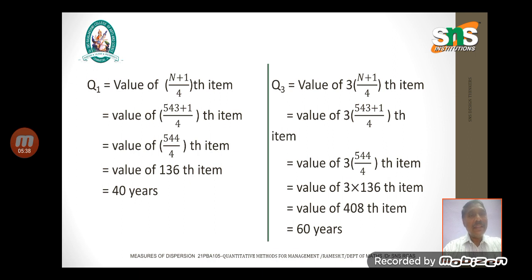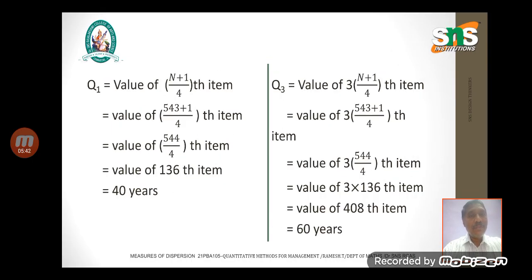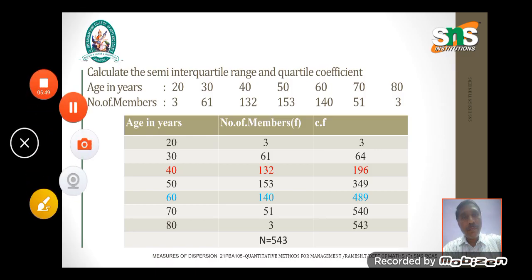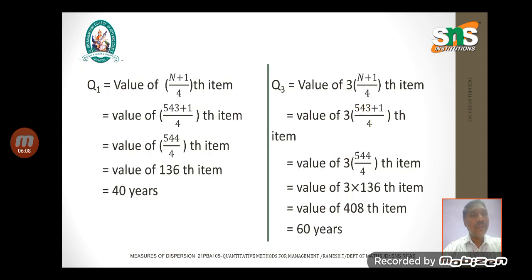That 136th item is located from the cumulative frequency. The 136 lies between 64 and 196. Among these two, the larger value is 196. Its corresponding age here is 40. Therefore, Q1 is 40.